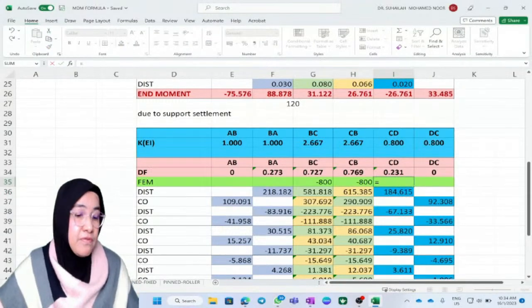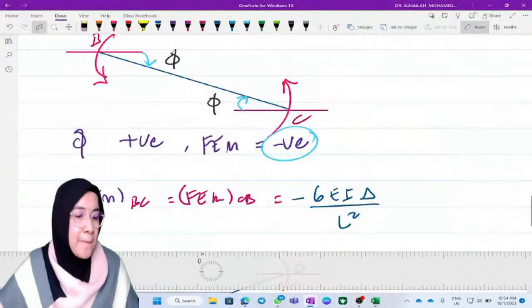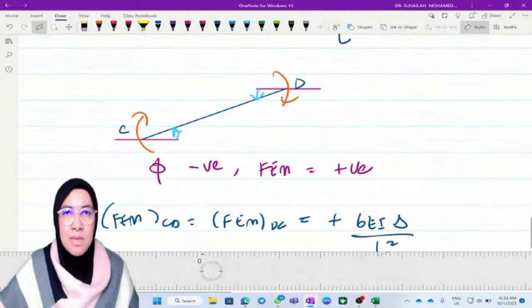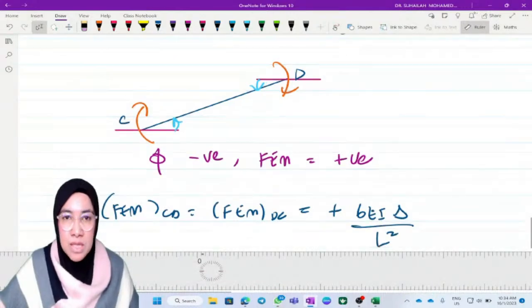Then for CD, we should get positive FEM, because the angle is negative, FEM is positive, so we apply positive.